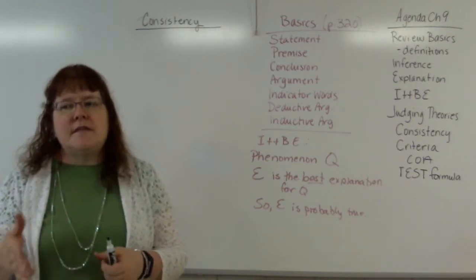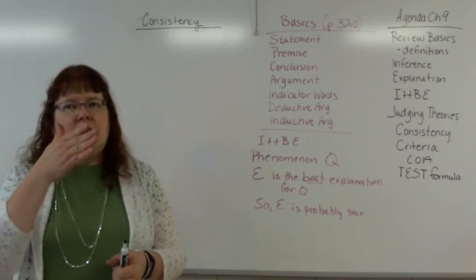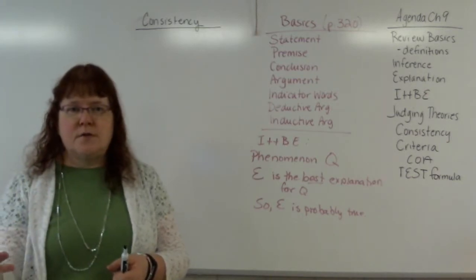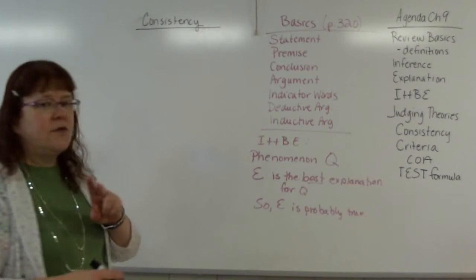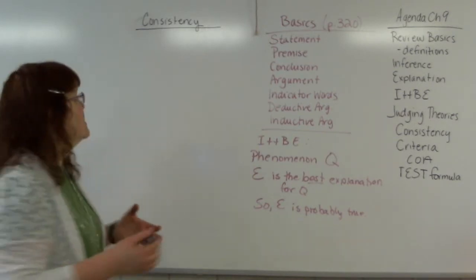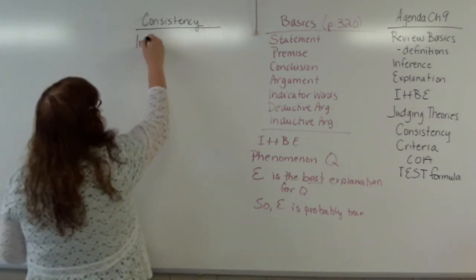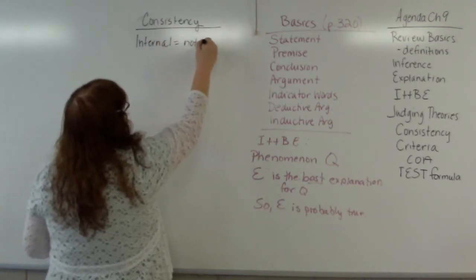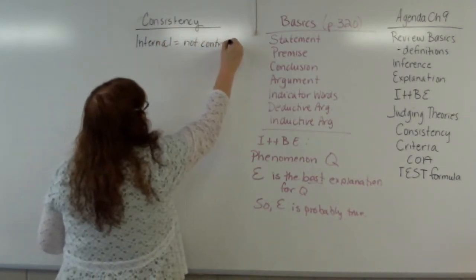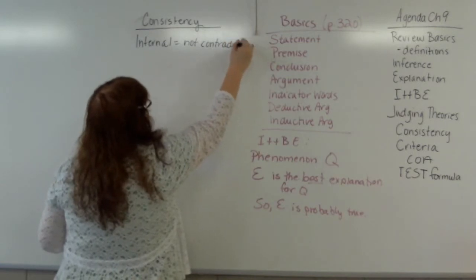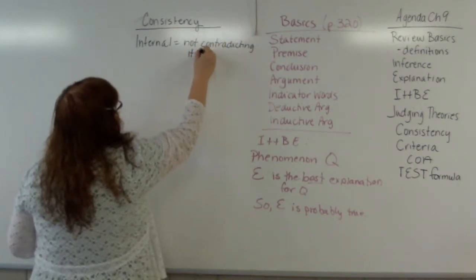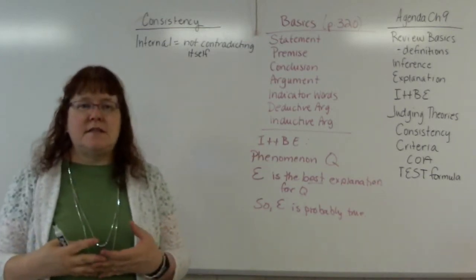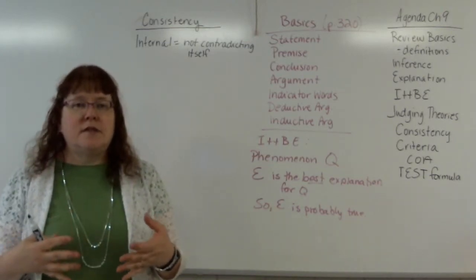But consistency here means it holds up to scrutiny by outside observers. We have two different kinds of consistency to consider. We have internal, which just means it's not contradicting itself.